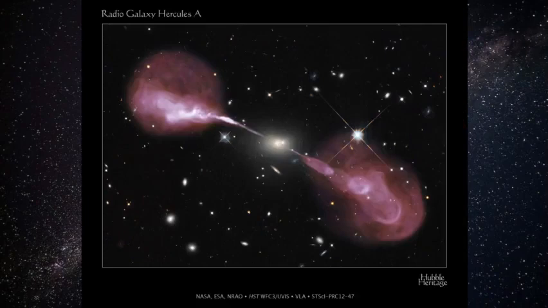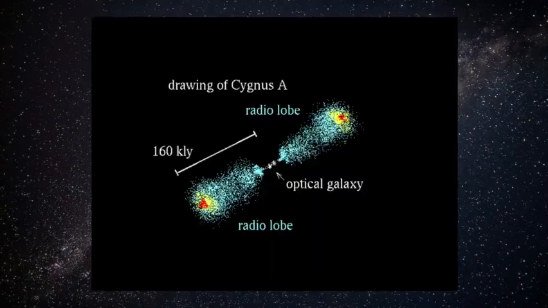Now, while all the other galaxies that I've told you about thus far have been pretty similar to each other with some discrepancies, radio galaxies are pretty different. Well, for one thing, their emissions are mainly in the radio spectrum as opposed to X-ray and visible light like Seyferts and quasars.